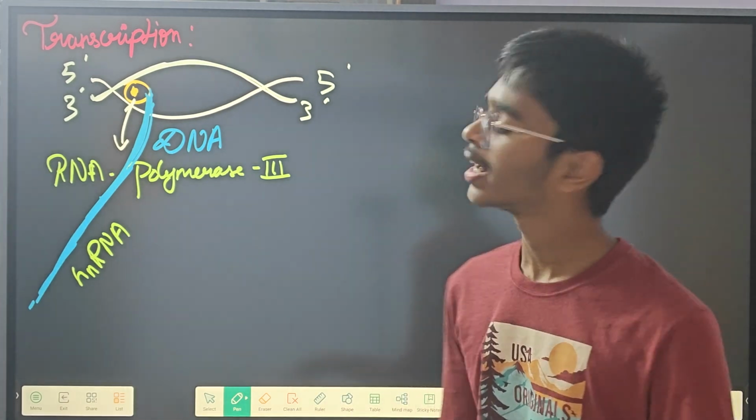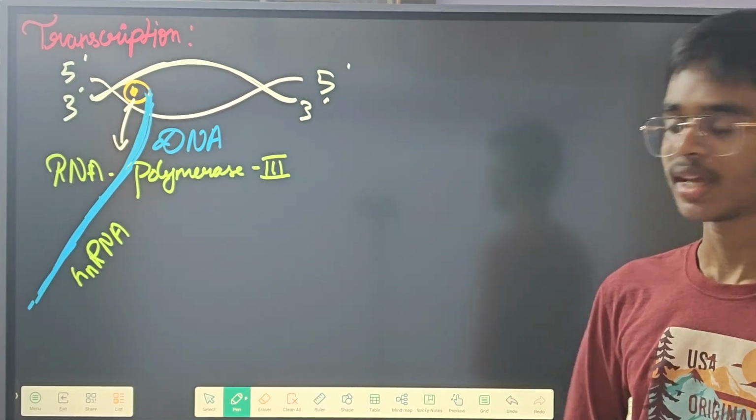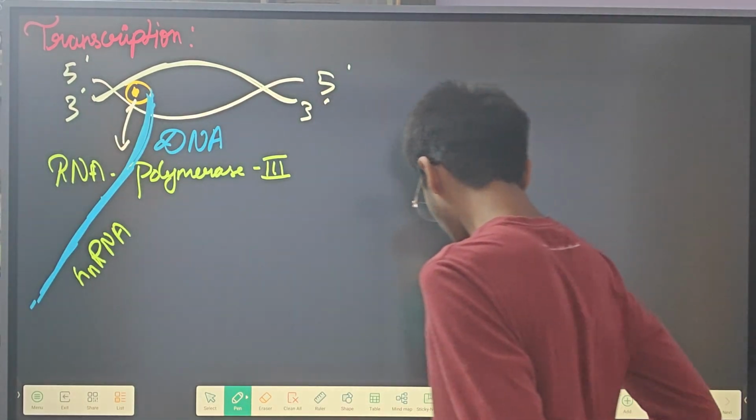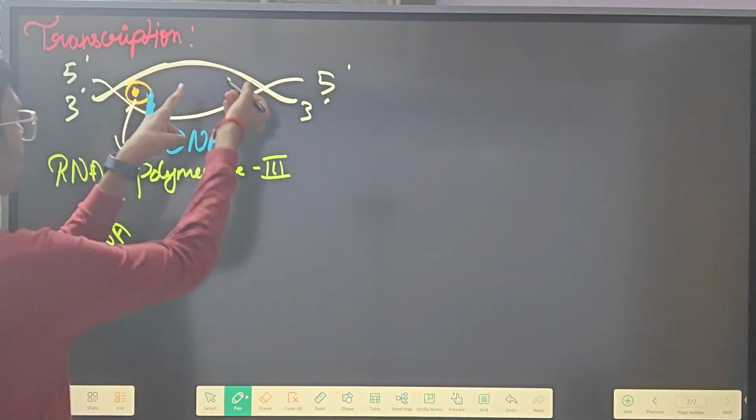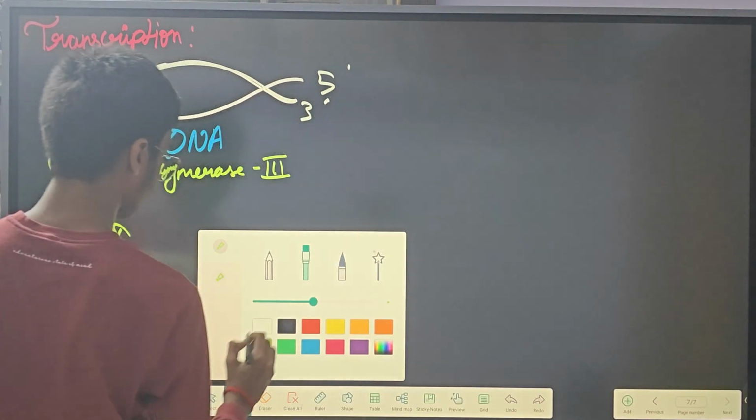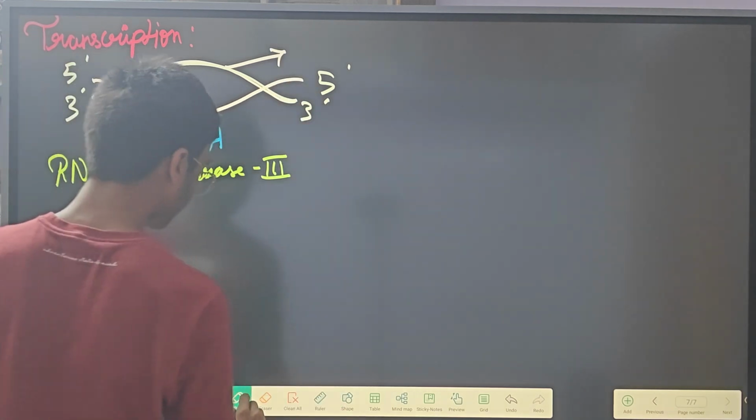hnRNA is actually known as heterogeneous RNA. So this top strand is known as the template strand.